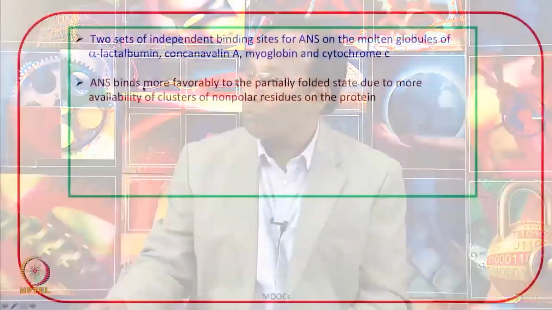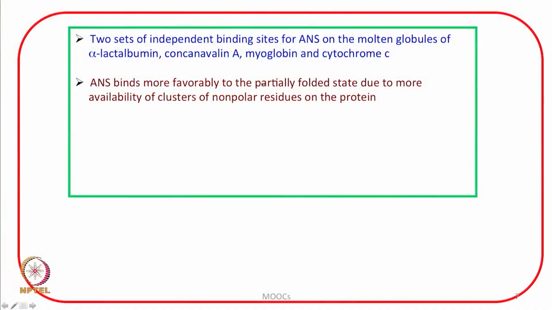The next comment is that ANS binds more favorably to the partially folded state due to more availability of clusters of non-polar residues on the protein. And this favorable binding is reflected in the increase in the binding affinity, in a sufficiently high value of binding affinity.